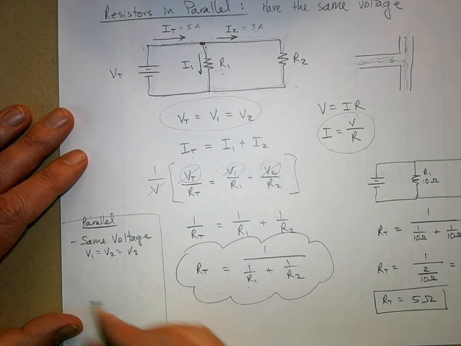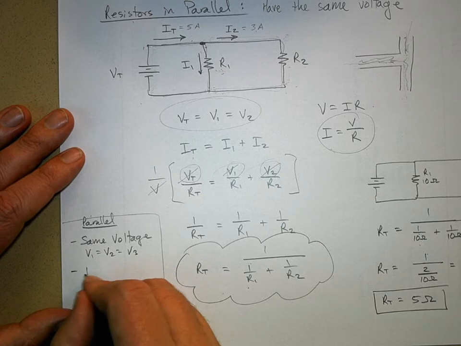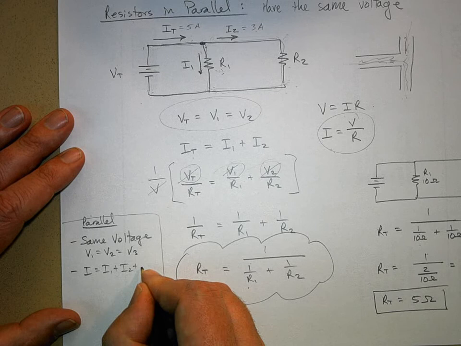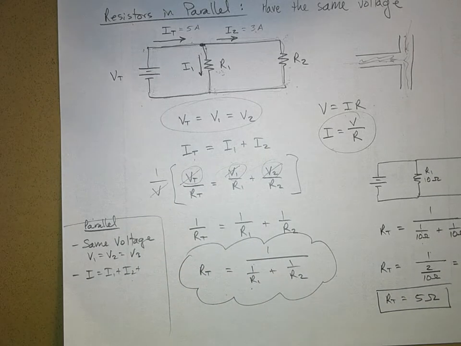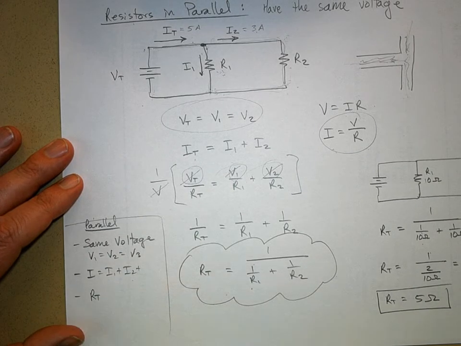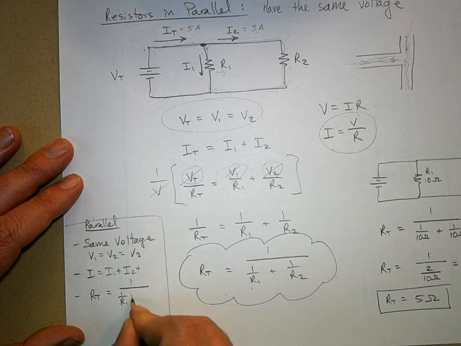Their currents add. That is, the total current is equal to I1 plus I2 plus whatever. We're not going to go beyond I2. We're not going to have an I3 or V3. And the total resistance is equal to 1 over R1 plus 1 over R2.